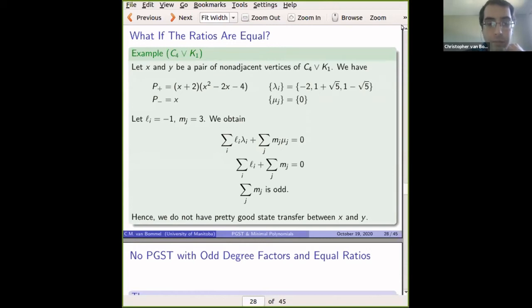And so we can determine p plus and p minus in this case, work out the eigenvalues, and if we use this lemma that characterizes pretty good state transfer, we can find a combination that breaks it. So if we give a coefficient for each of the p plus eigenvalues of -1 and the p minus eigenvalue of 3, then we satisfy the two equalities, but the sum of the coefficients is odd in each case. So that rules out pretty good state transfer here.